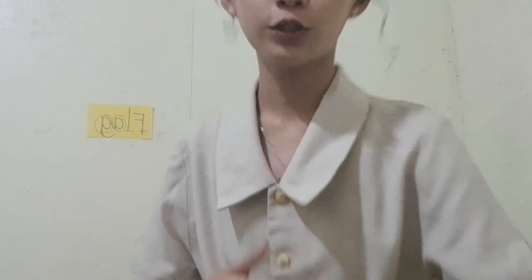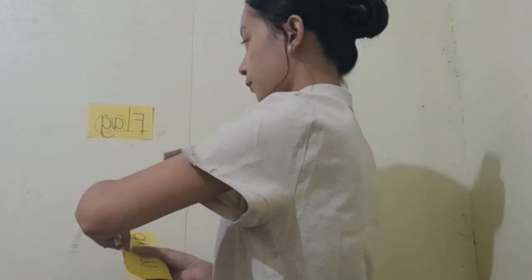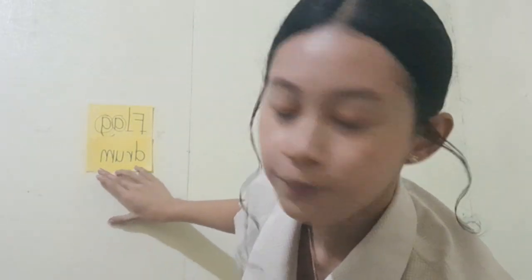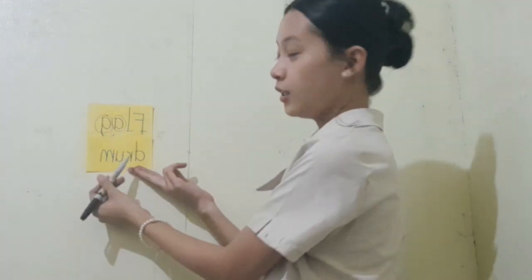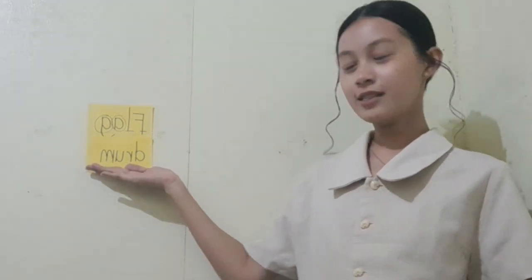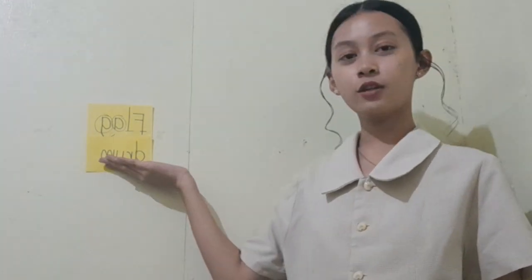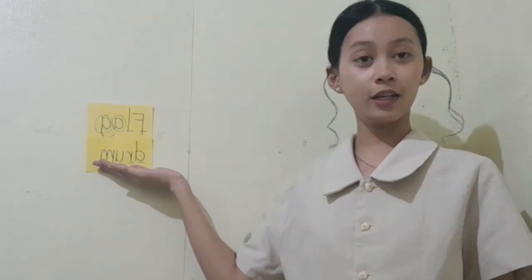And for more examples of it, I have the word drum. So for drum, the word is spelled with D, R, U, and N. So our consonant cluster in here is the letter D and the letter R, because they are both consonants that is placed together at the beginning of the word.